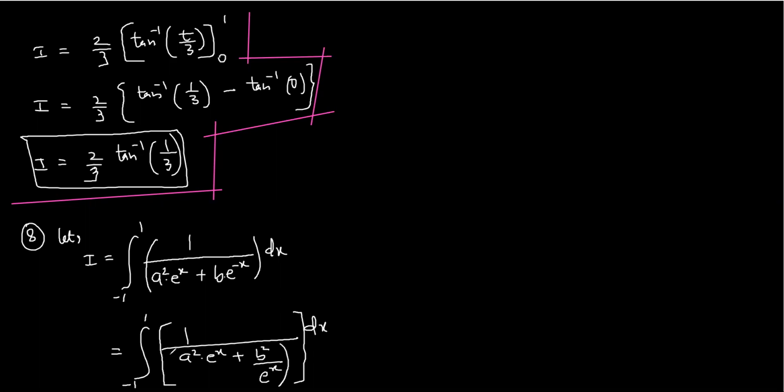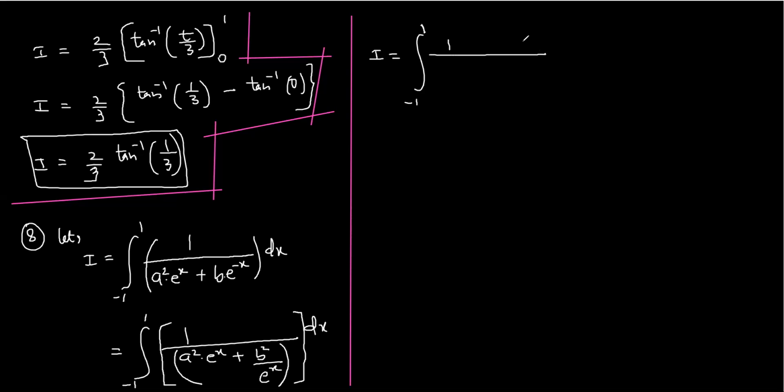Now I will take the LCM. So here I take the LCM, see what I get. I equals the integral from negative 1 to 1 of 1 dx, and here the LCM is e raised to x.